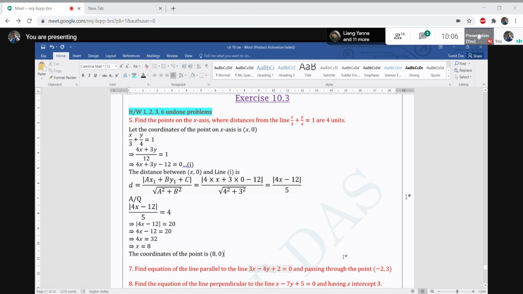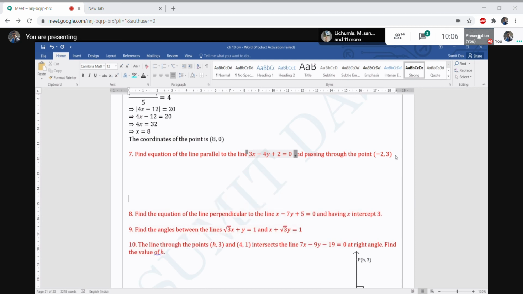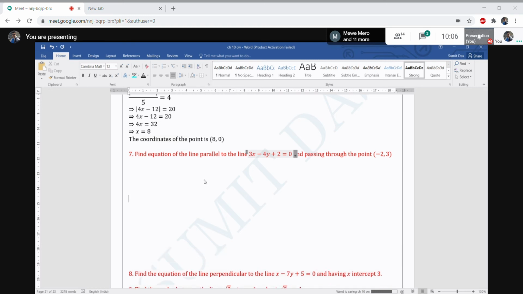Okay, next question number 7. Question number 7 is saying find the equation of the line parallel to this and passing through the point minus 2 comma 3. So one line is parallel to this line and passing through this point. How to find this equation?